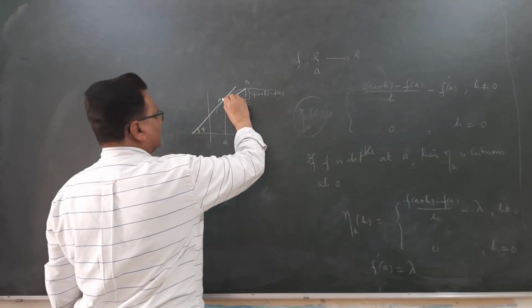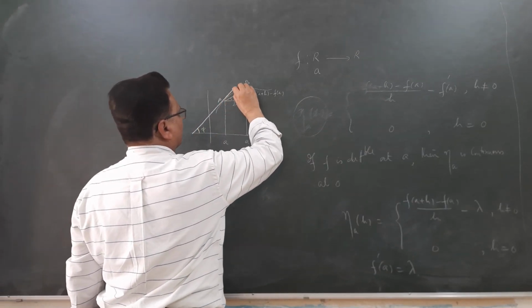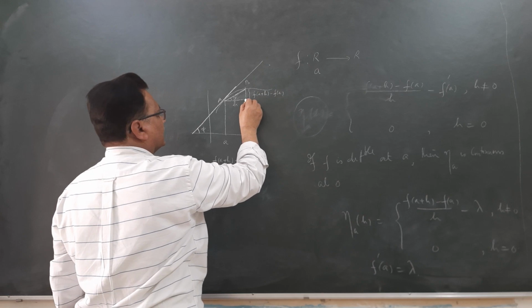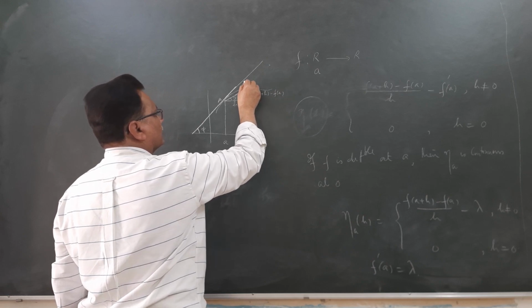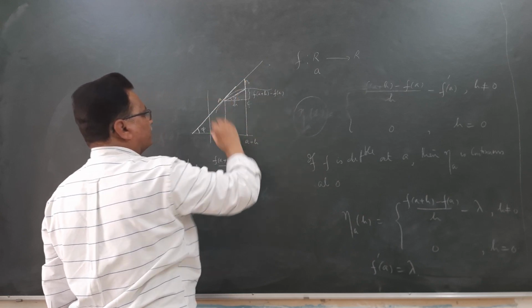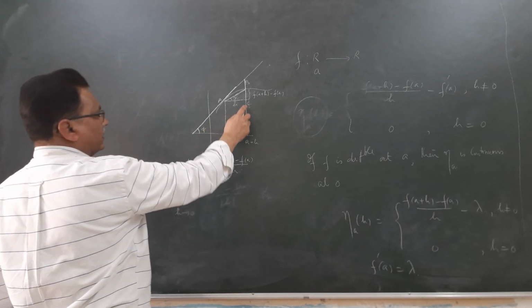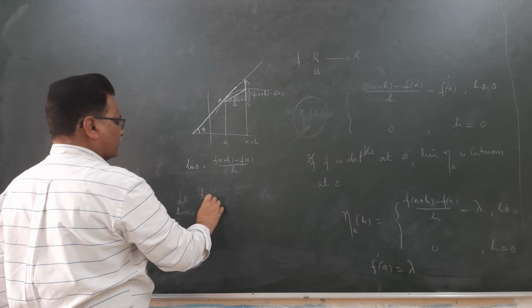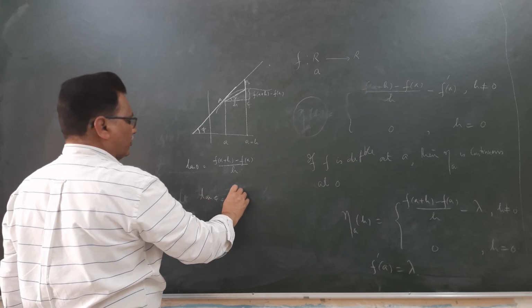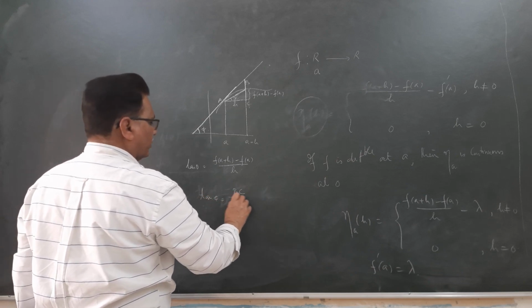You just extend this tangent line further and extend this line also. So tan phi in this triangle is equal to BC upon h.